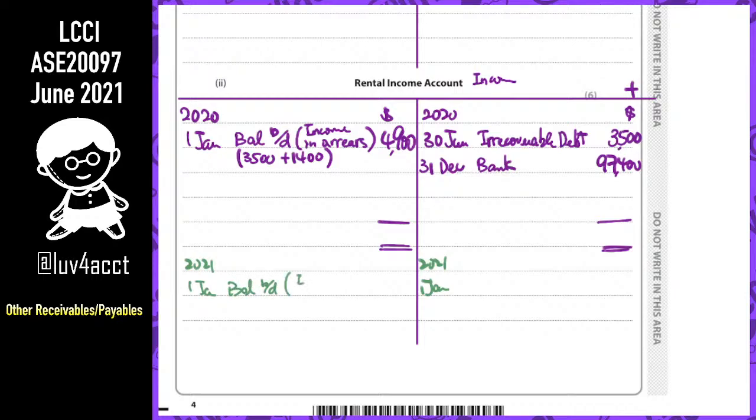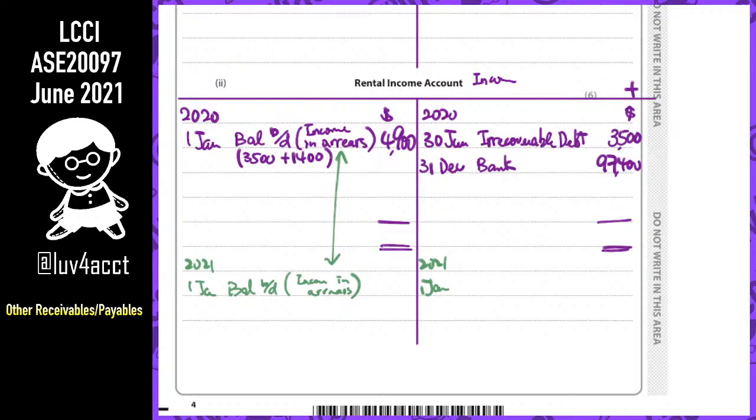This side is the income in arrears. So we don't have to think to decide on the debit or credit side anymore because we have already done so. We just follow. If your opening balance is correct, then the closing balance should be correct for you too.